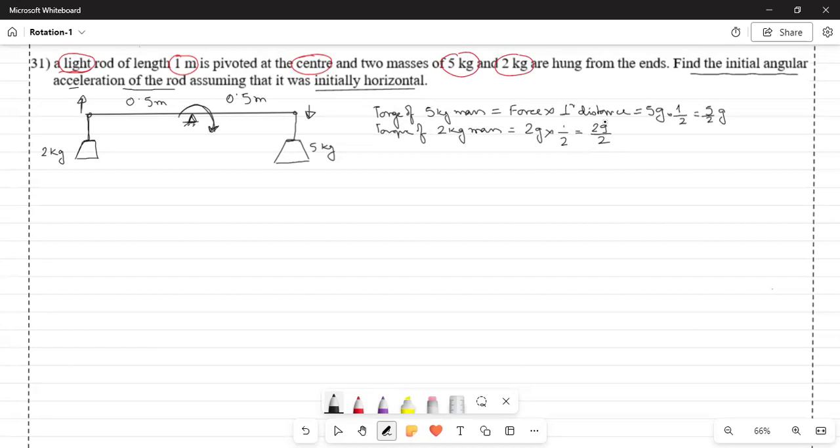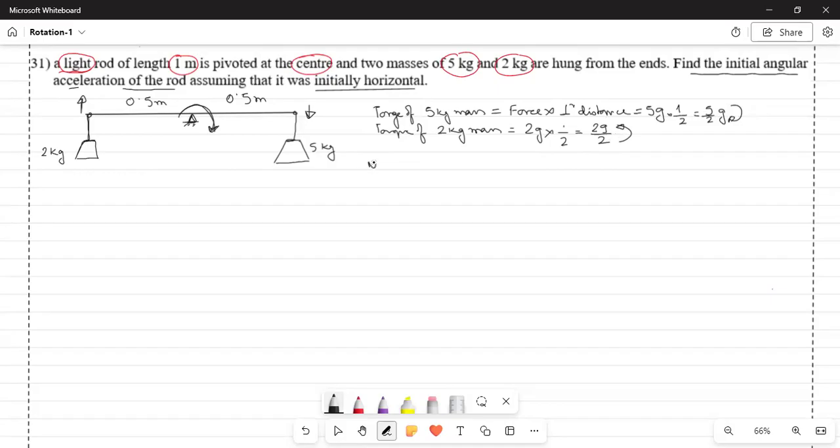Now for mathematical understanding, we normally write it this way. If this torque is clockwise, we give a clockwise symbol here. If this torque is anti-clockwise, we give an anti-clockwise symbol here. So that if you want to revise this problem later on, it will be easy for you.